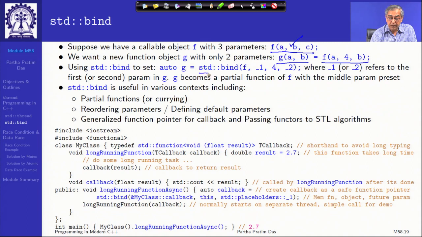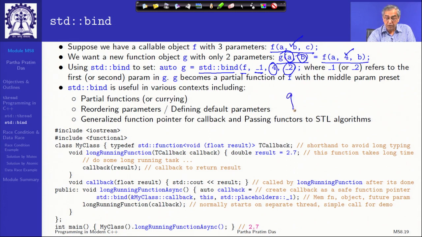What you can do is std::bind f and then say underscore 1. Underscore 1 will mean the first parameter of G which will be called. Then the second parameter of f you keep as 4, fixed, and the third parameter you pass as underscore 2, which means the second parameter of G in future.